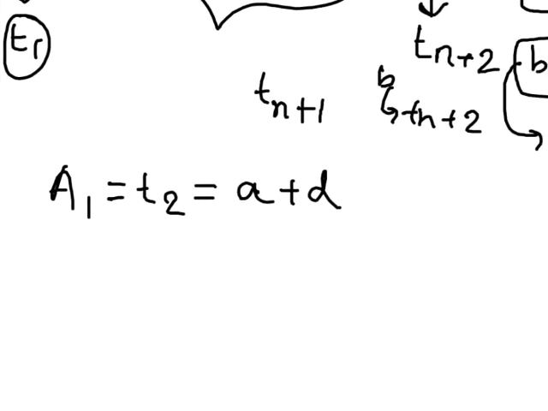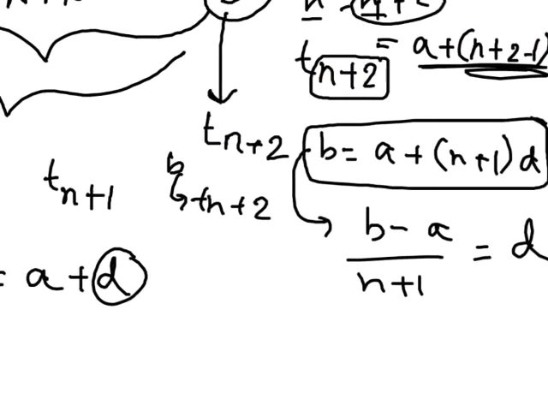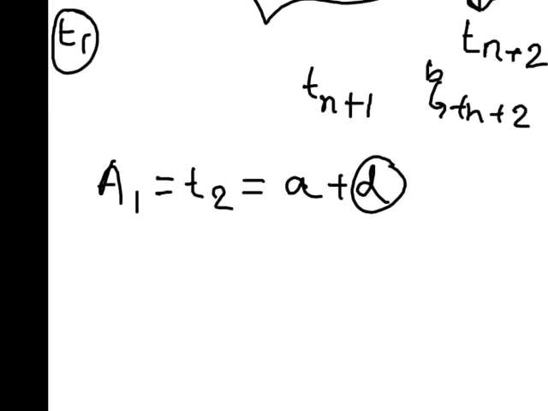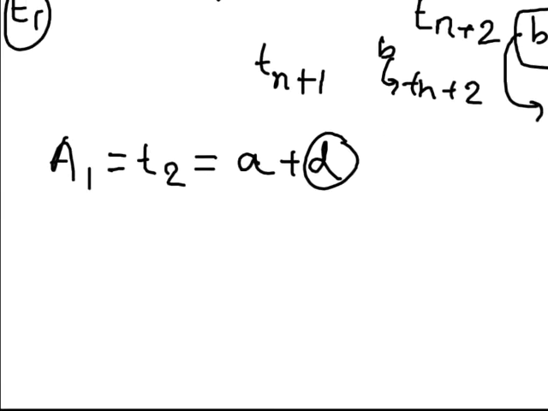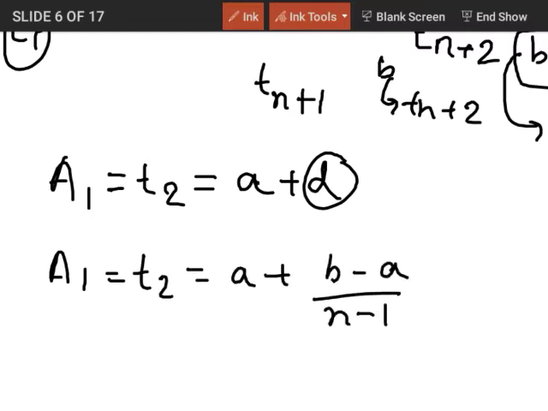Okay, now let's come again to this point. So we have here d, so can we replace the value of d with this value, that is (b minus a) upon (n plus 1)? If you do that, what will we get? A1, or T2, can be written as a plus (b minus a) upon (n plus 1), correct?